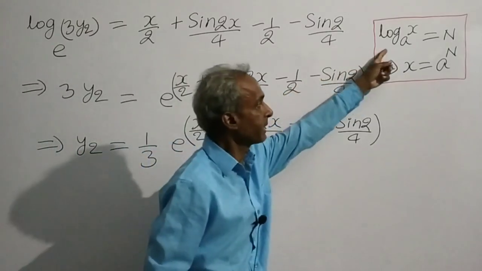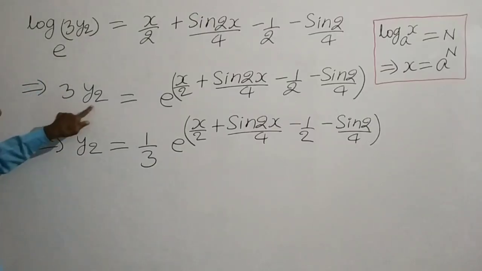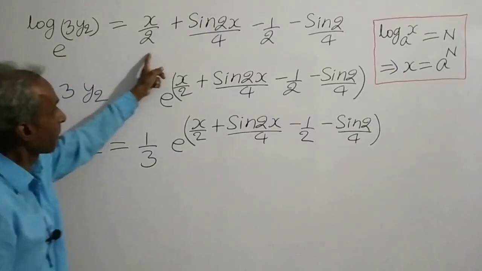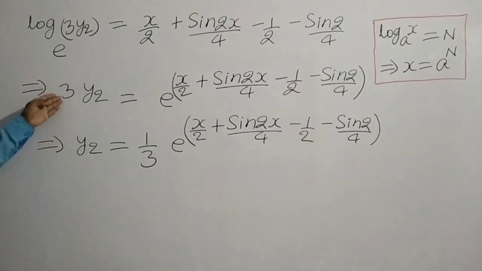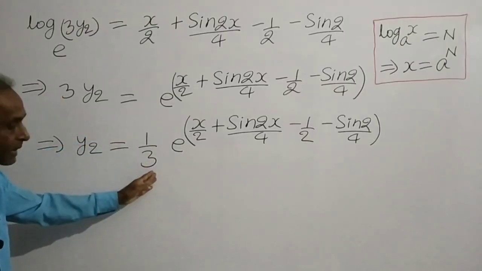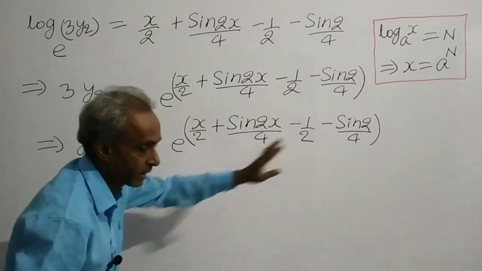Now by applying this formula, we can write 3y2 is equal to e to the power this. Shifting this 3 on the right hand side, we get y2 is equal to this.